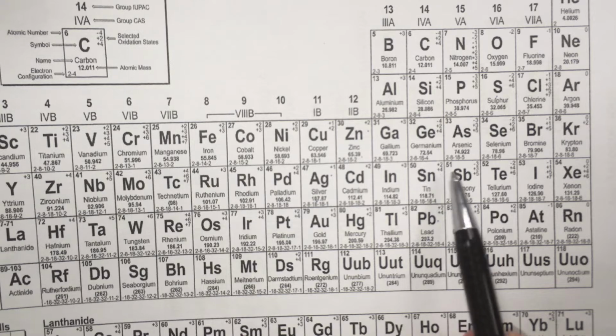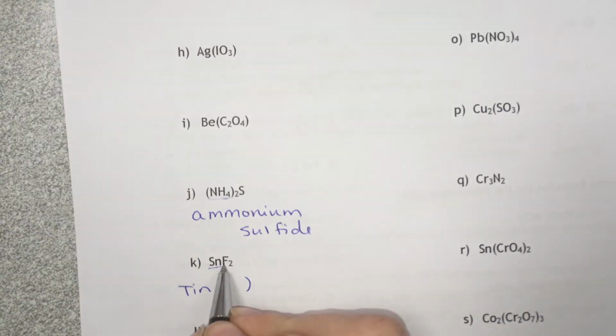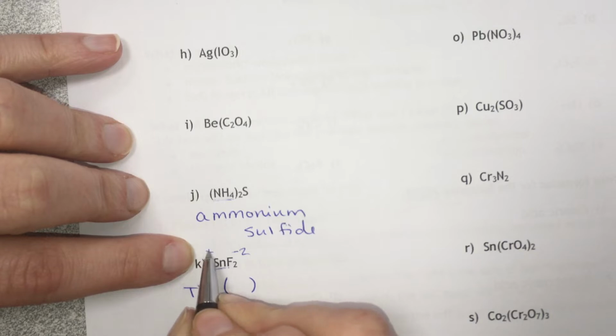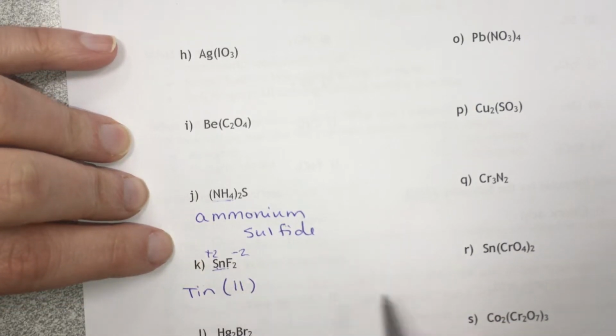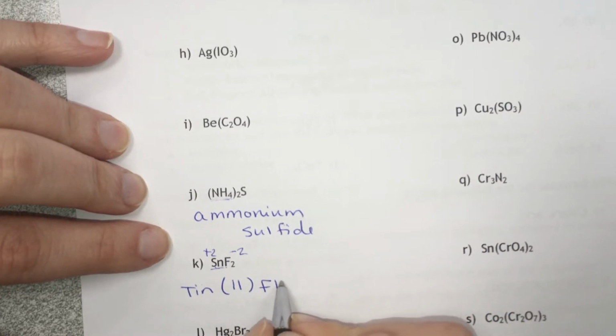It could be +2 or +4. So tin, you'll have to indicate, but not fluoride. So fluoride has -2 charge total, so that means this is a +2 charge total. And there's only 1, so that means the Roman numeral will be 2. So tin, 2 fluoride.